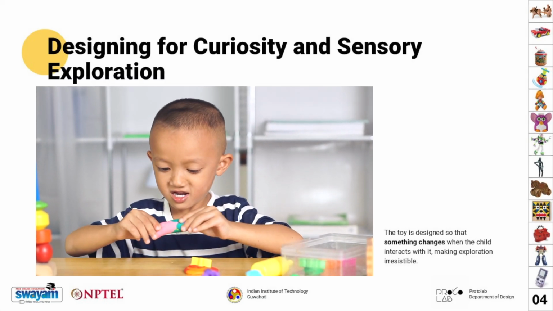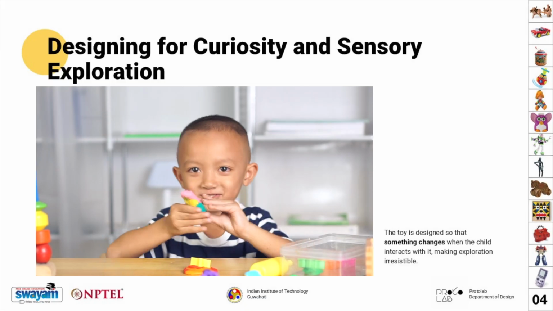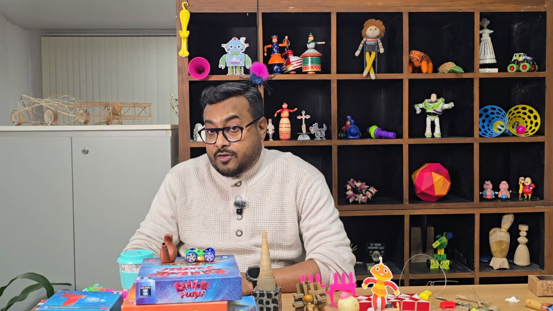All of these invite the first spark of curiosity. Intentional toy design uses sensory elements not just to entertain, but to gently provoke the question, what happens if I do this? That moment, the moment when a child reaches, shakes, presses, pulls, or tilts something, is the beginning of scientific thinking.